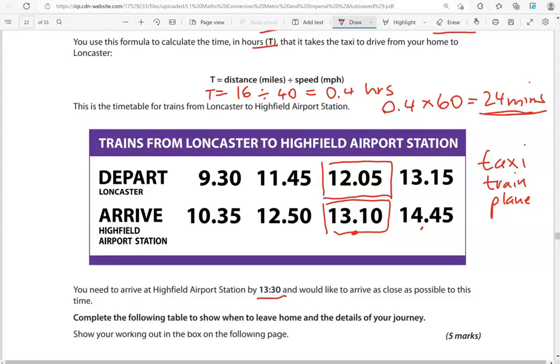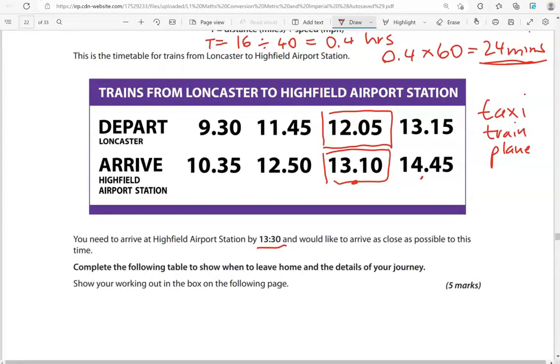If we allow 5 minutes for waiting for the train, we can say to be at the train station at 12:00.